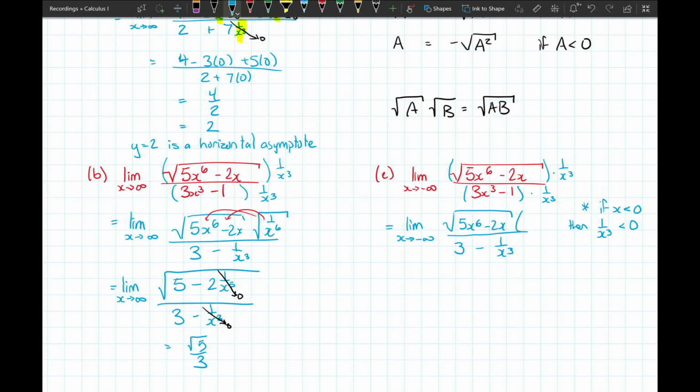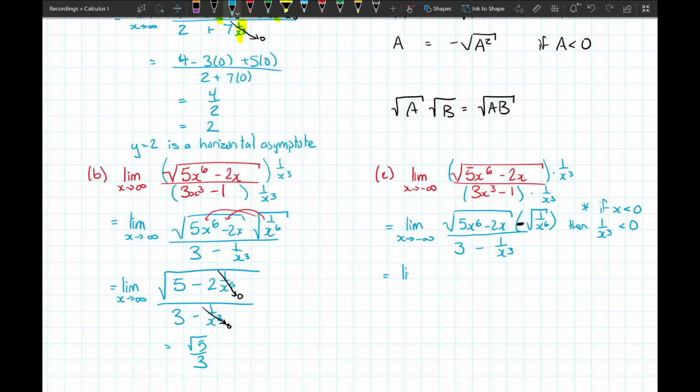So here's our substitution for negative expressions. It is equal to the negative square root of 1 over x cubed squared, which is the square root of 1 over x to the 6. And this negative sign is very key to how this is a different result than in the previous example.